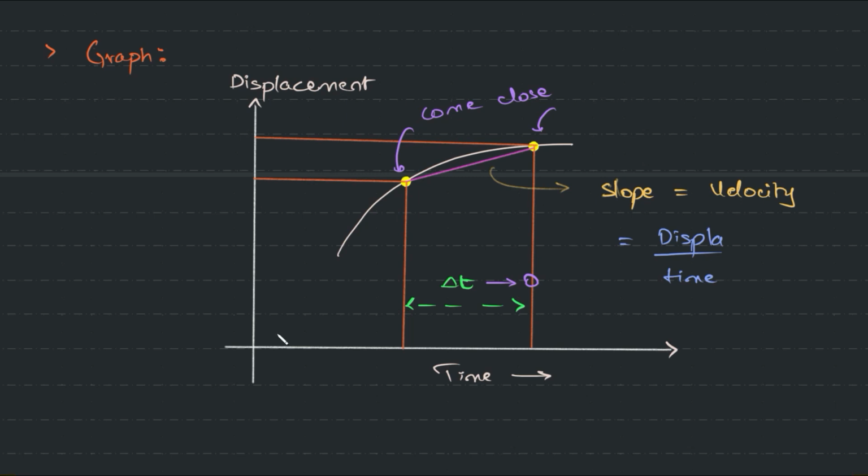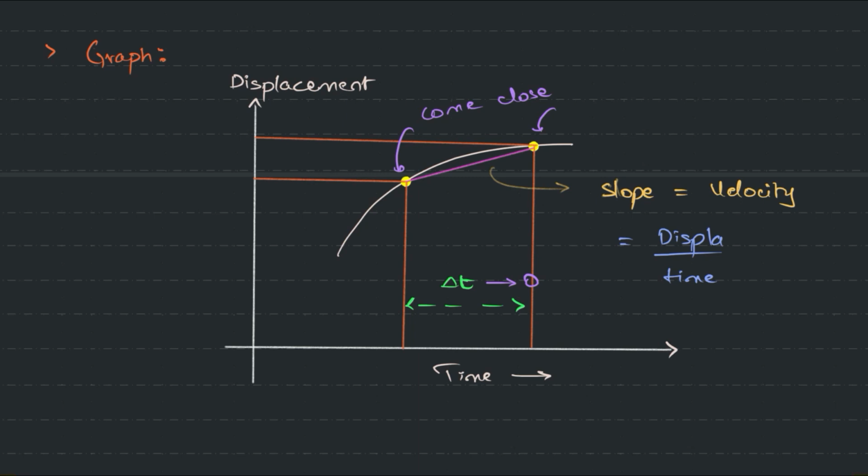All this concept has to be very clear. Again, I'm repeatedly telling this, because without that, all of this will not make sense. So graphically, when we have delta t tending to 0, that's when we get the correct instantaneous velocity.